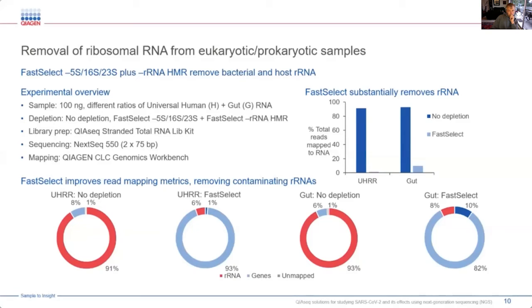But as you add FastSelect here, of both the 5S, 16S, 23S, and the human, mouse, and rat, what you see is completely flipped, from 6% of your genes that you're looking at to 82%. And this compares to only 8% of the reads being ribosomal RNA. So for a more complex, challenging sample, you still see a tremendous uptake and increase of the actual RNA reads.